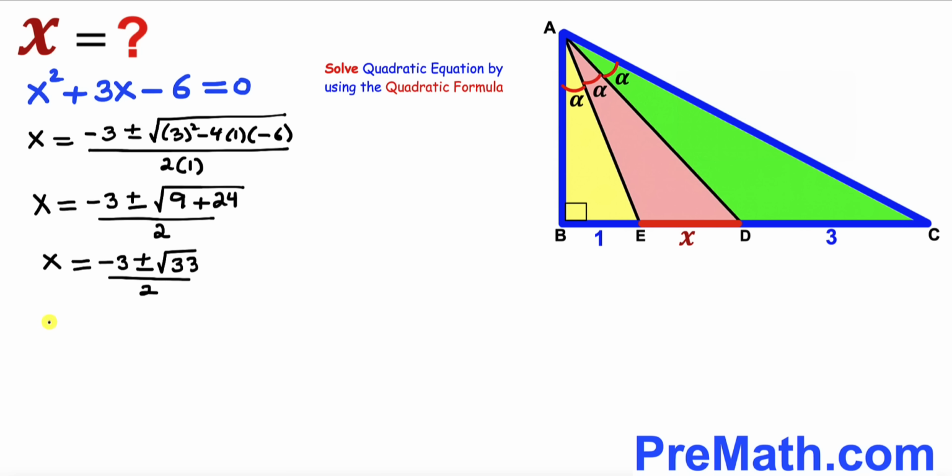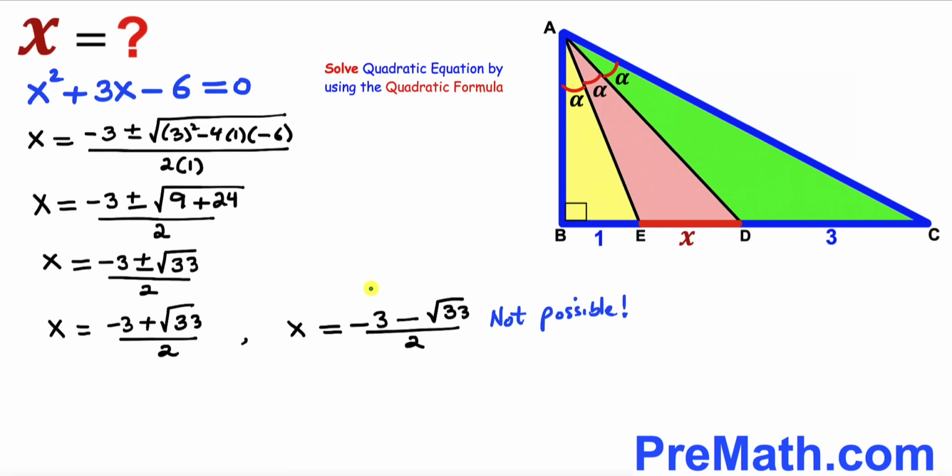So therefore we could write x equals negative 3 plus the square root of 33 all over 2, and the other value of x is going to be negative 3. This time I'm going to put the minus sign, square root of 33 all over 2.